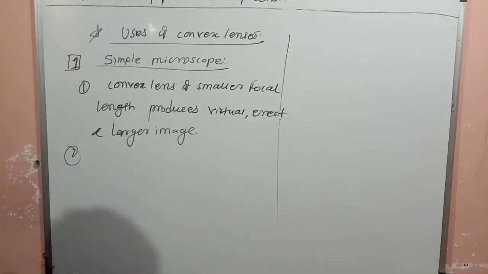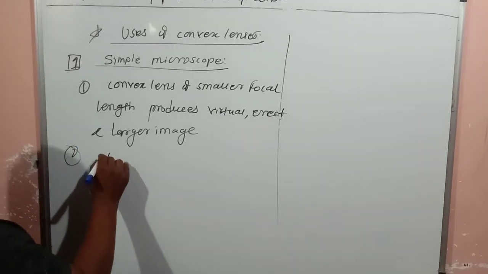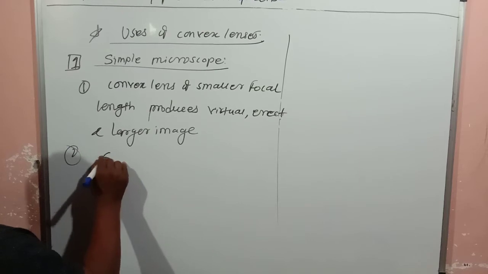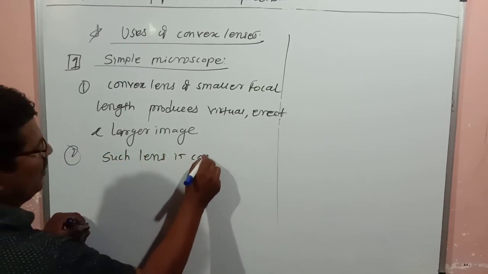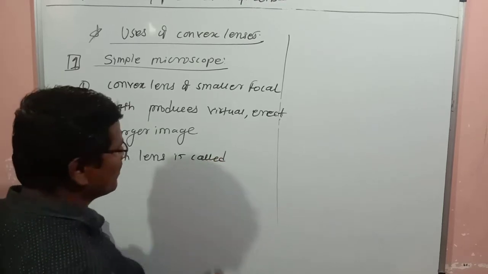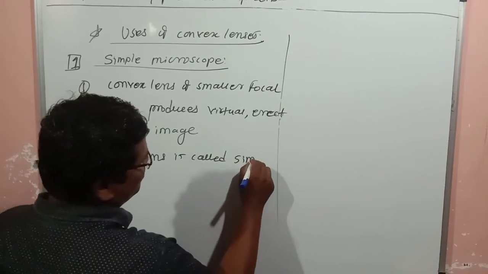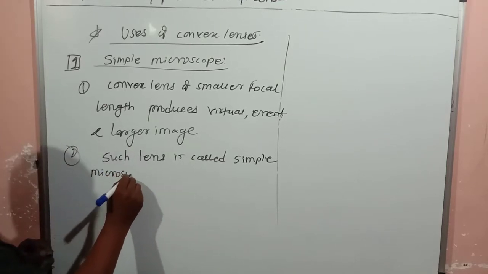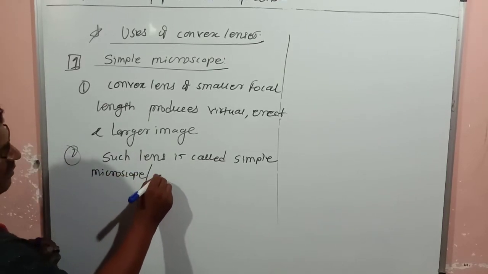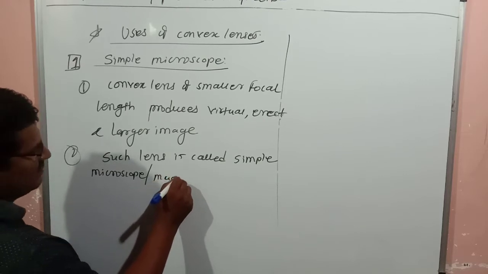Second thing is, such a lens is called a simple microscope or magnifying glass.